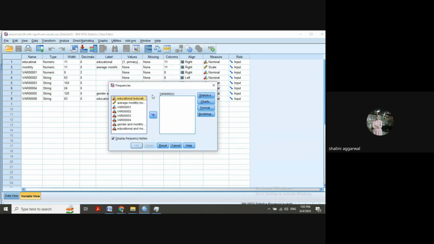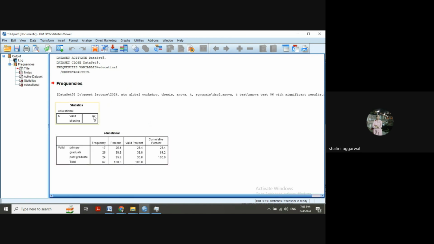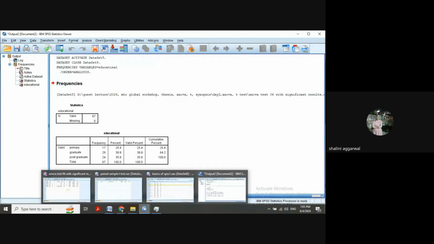Just wanted to show you. Just see, this is the third window of SPSS, and that is called the output window, right? So we did the frequency table that we have made here. These are the three main windows of SPSS.